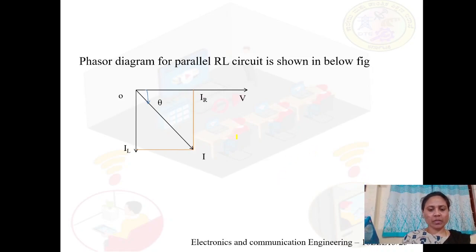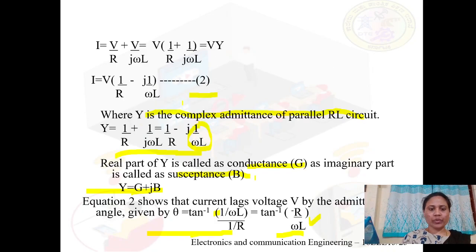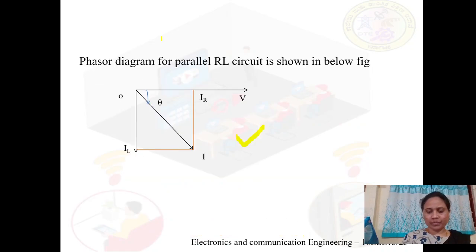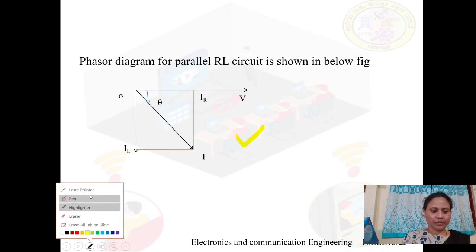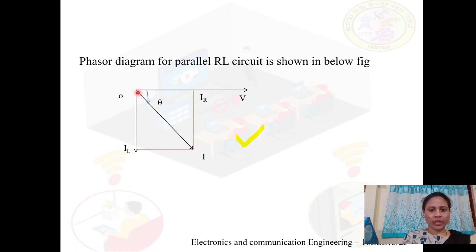A phasor diagram of such a behavior can be represented in this way. We know that in order to draw the phasor diagram, the first step is to identify the common parameter. In this expression for I, the common parameter is V. Therefore, we represent V along the x-axis.